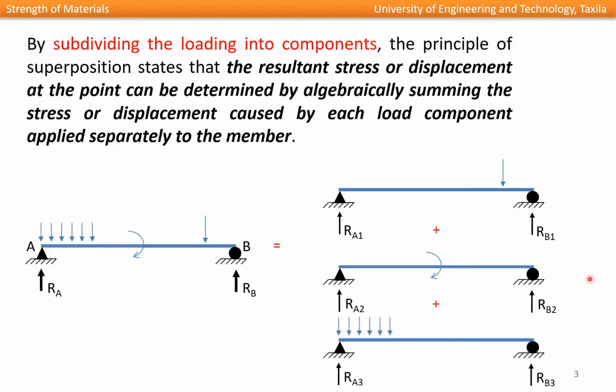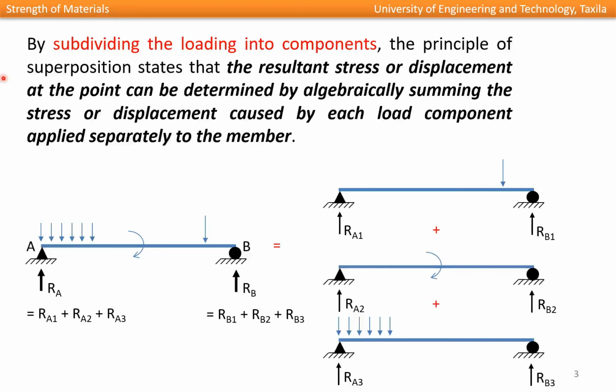Finally, we will apply the third loading which is UDL over this beam alone, and find out the support reactions. Then using the law of superposition, the support reaction at A is a summation of these individual support reactions due to these separate loadings. Similarly for B, we can find out the support reactions in a similar way.